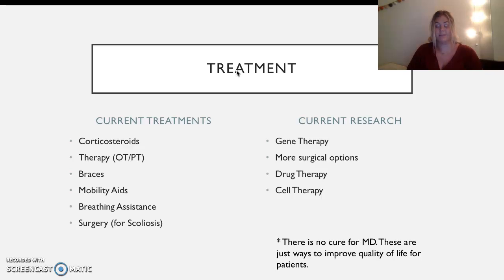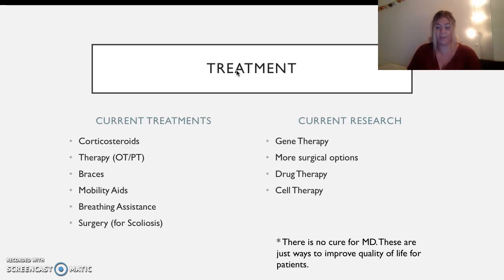Most patients also receive occupational and physical therapy, which they do to maintain and increase their range of motion, and it helps to keep the joints as flexible as possible. Most patients are also given braces to help keep the muscles and tendons stretched and give them support.